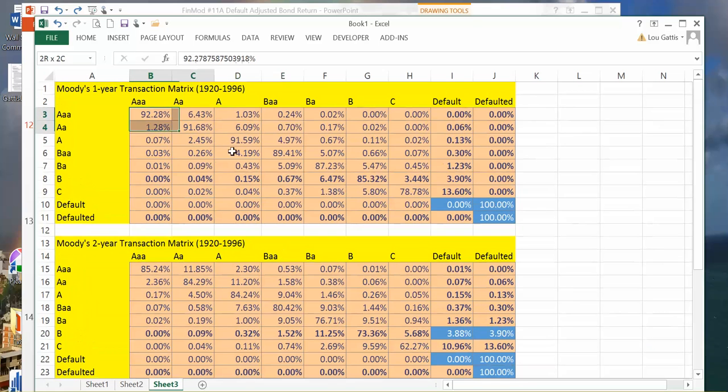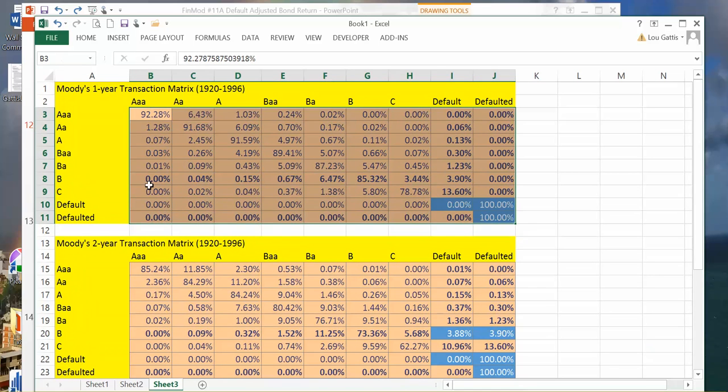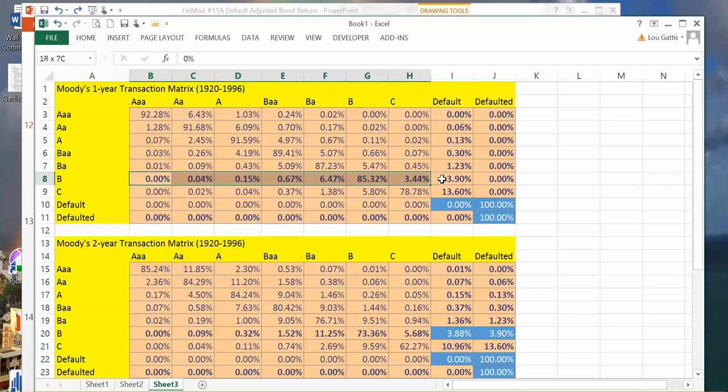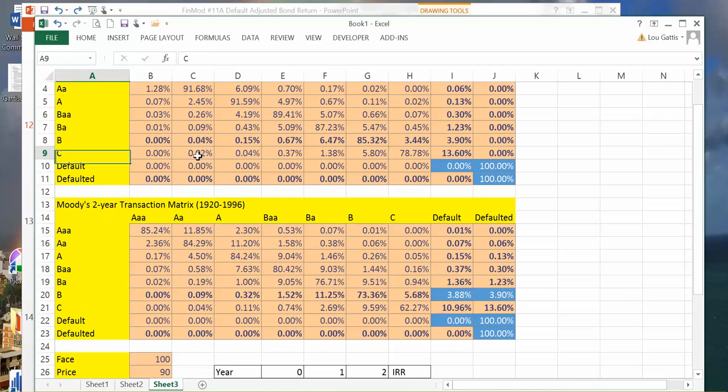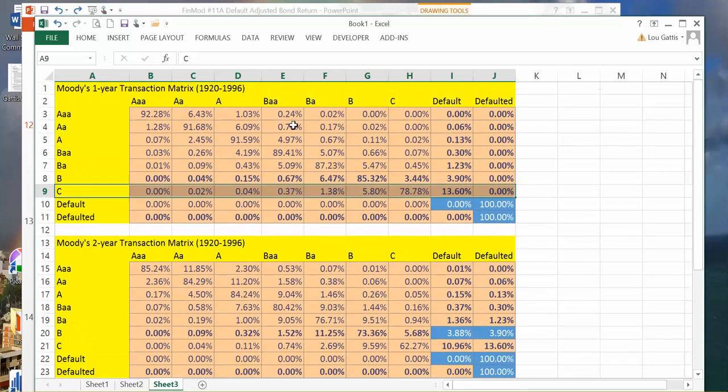In my solution, it simply selects this row. So you can see 0, 0.04, 0.15. That's that row. Now the nice thing is if I were to change this bond to, say, a C-rated bond, it's going to pick up this row. So it's just a trick, because all I need to know really is this row for a given rating.